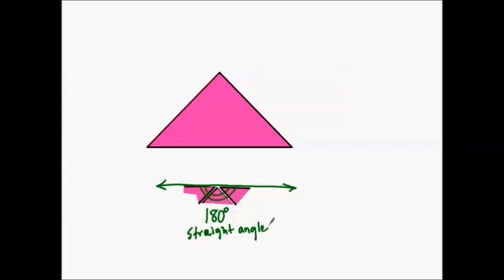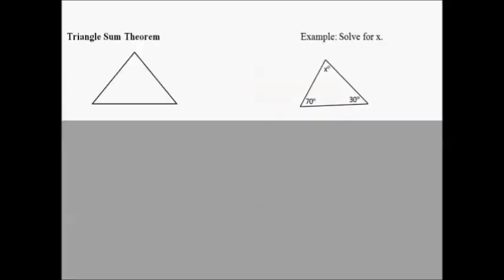So that's what the triangle sum theorem tells us, that the three interior angles add up to 180 degrees. No matter what kind of triangle, the three interior angles add up to 180 degrees. So you may want to show yourself a visual.